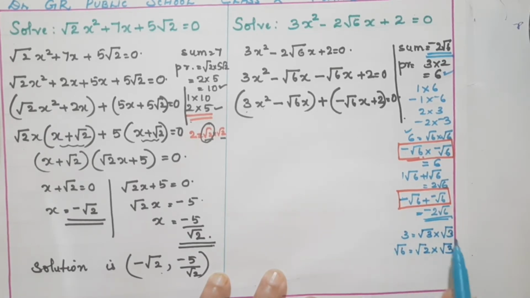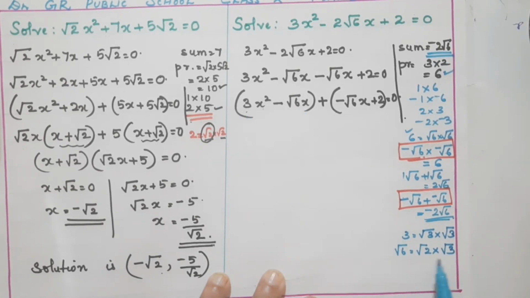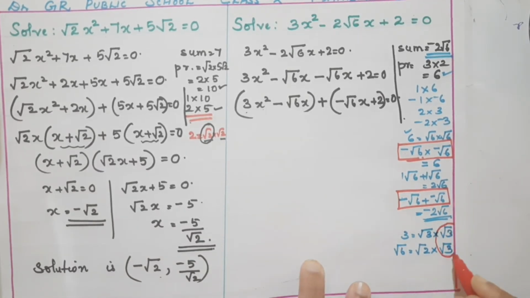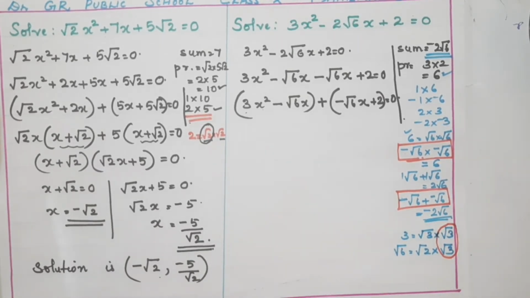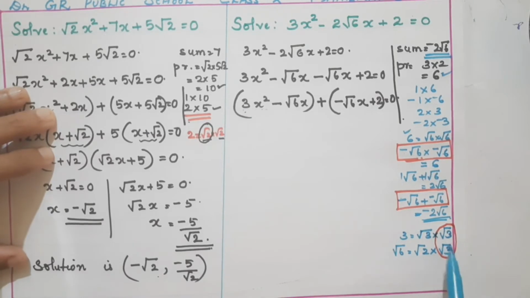These are also possible ways to write the product form of 3 and root 6. Isn't it? Now you can see the common factor from these two. Which is common? Yes, root 3 is common. Isn't it? So what you can understand from these two terms, we can take root 3 also as common factor.